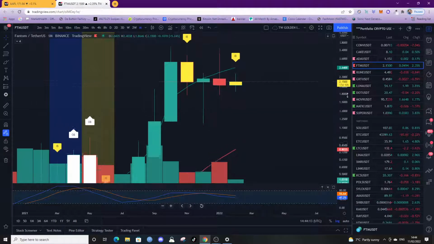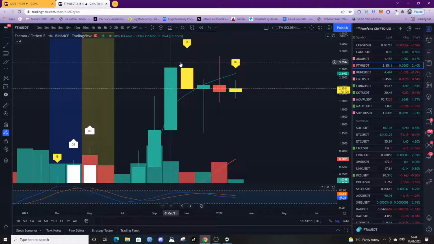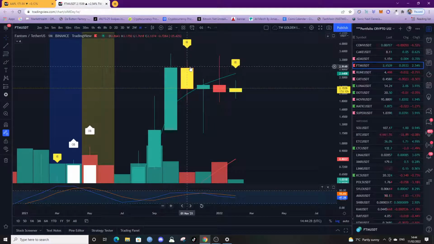Now, how you play these is that where you get the yellow, and also you get an outside bar, which I'll talk about tomorrow. On the inside bar, this is where the price is undecided. And there's a very good chance, it's like a weather report, there's going to be some high volatility.